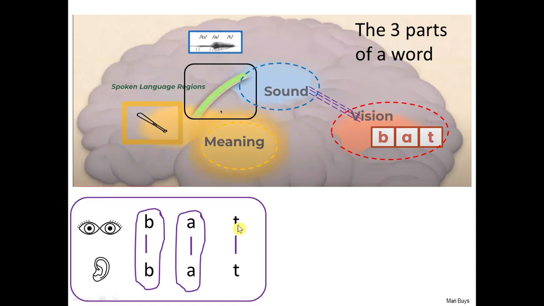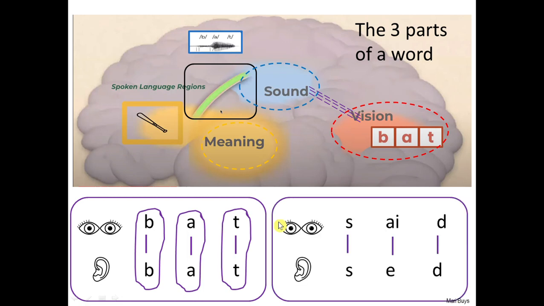And the letter T says T in bat. So if a child learns to read, he needs to listen to the sound that the letters make in order to read it and to spell it.